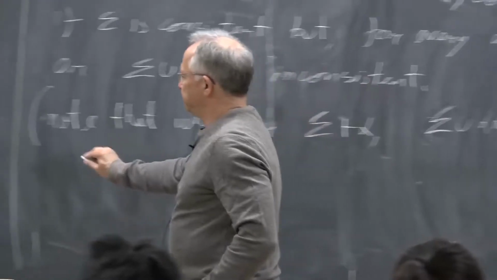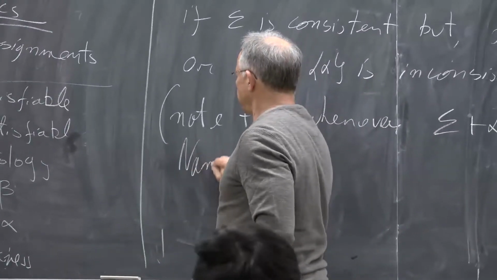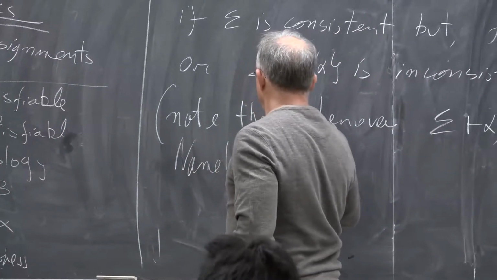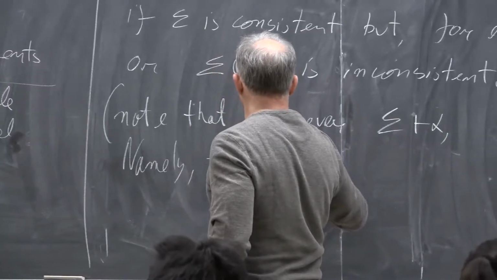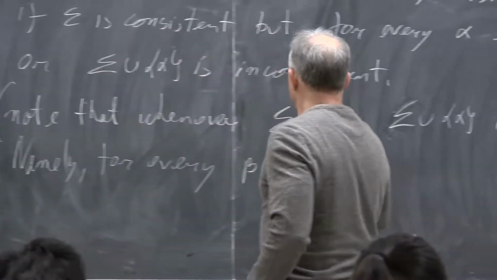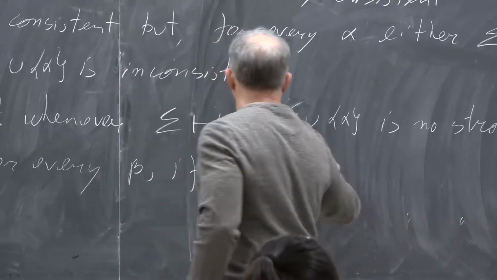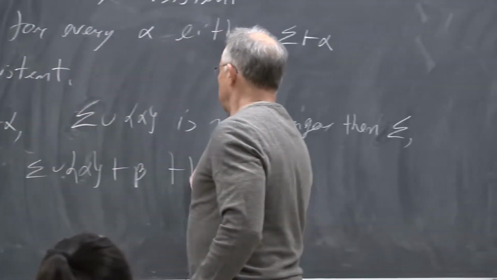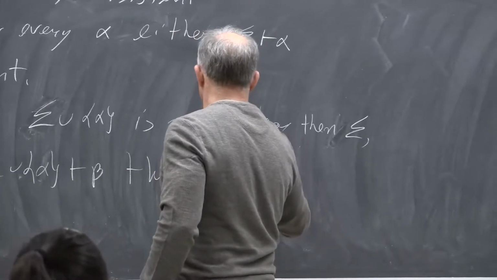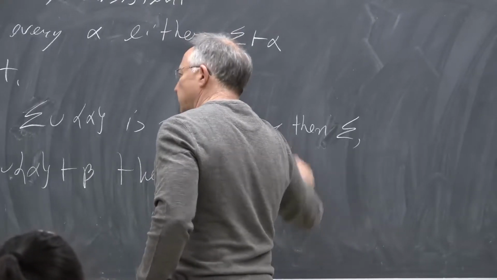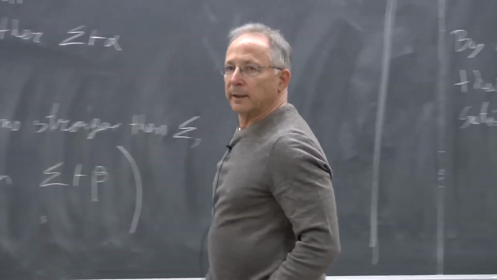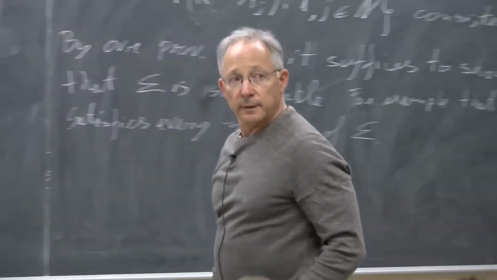Namely, for every beta, if sigma union alpha proves beta, then sigma proves beta. This is by our extended monotonicity, right?